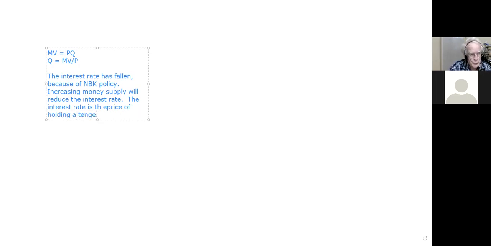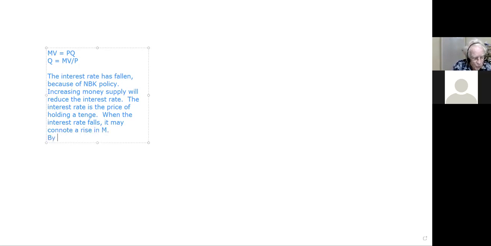Not the price of spending it, but the price of holding it. So when the interest rate falls, it may promote a rise in money supply.